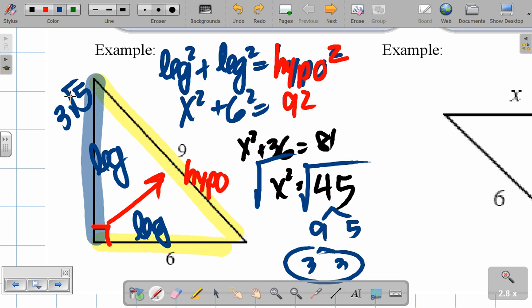I did. What, 3/4 of you? Okay, that's fine. Again, simplest radical form. The 9, the 3s come out. 5 stays in, and your correct answer was 3 root 5. So this is have 2 sides, need 3rd side, Pythag.